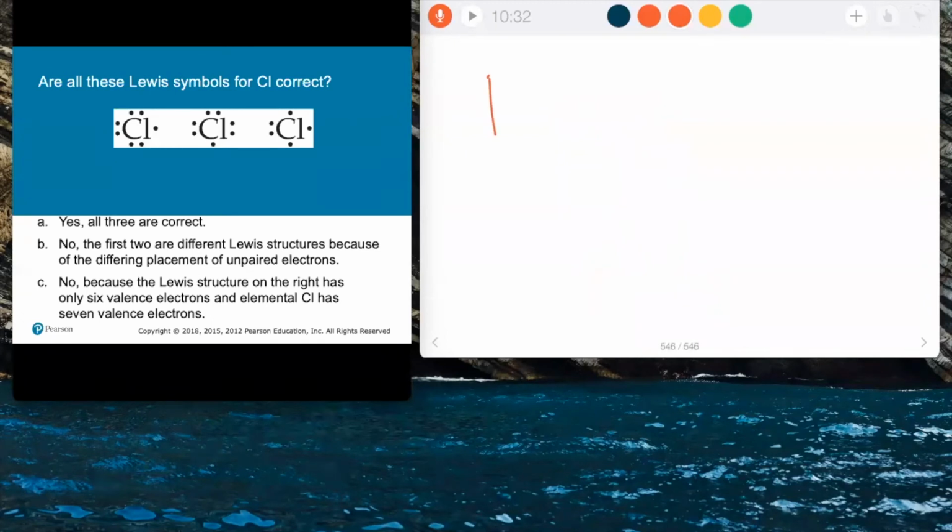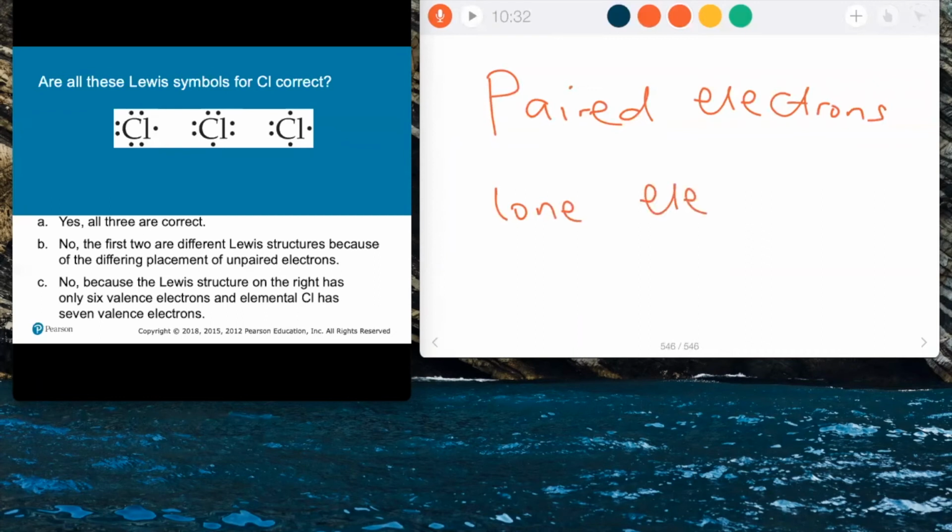Lone means it is unpaired. We're going to talk about a lone, unpaired electron. Maybe the proper term I should have used to be clear is unpaired. That means it is standing by itself.